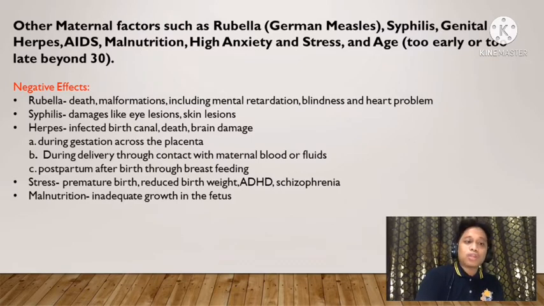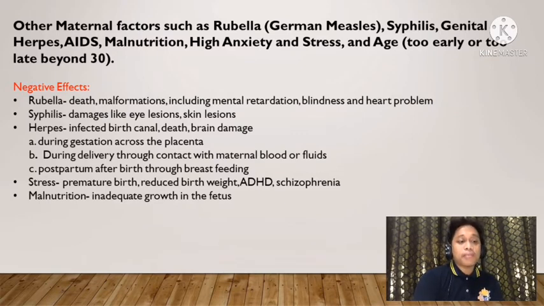So if the mother has genital herpes during her pregnancy, it could lead to infection if she is breastfeeding her baby. Next is stress. Stress can lead to premature birth for the baby, and it could reduce the birth weight.